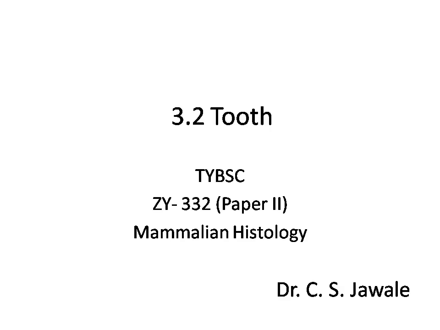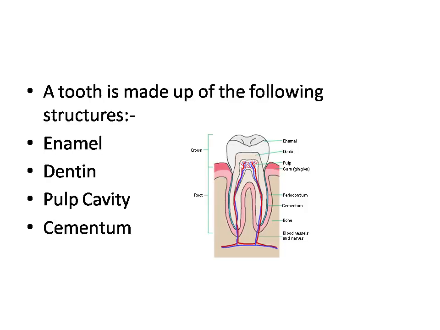TY B.Sc. Zoology, Mammalian Histology, chapter number 3, Histology study of different organs. In this we'll see 3.2, tooth histology. The study of teeth is referred to as odontology.